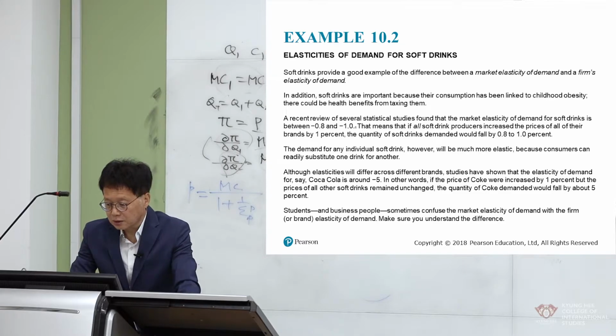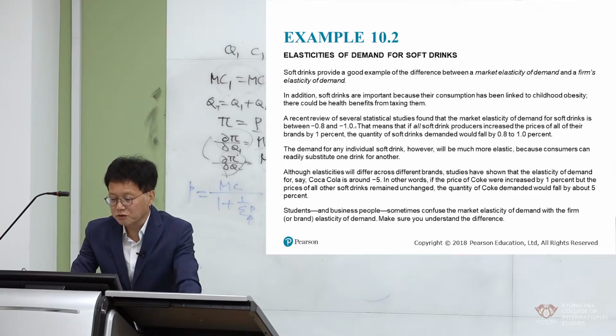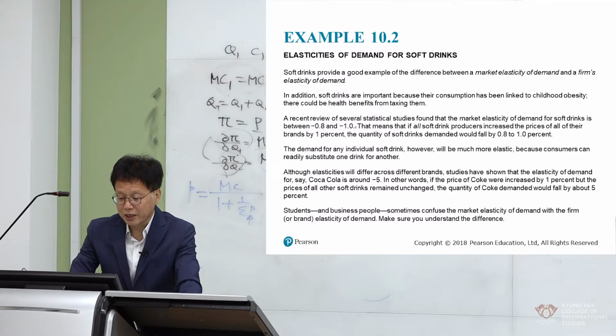That means that if all soft drink producers, all firms, increase the price of their brands by 1%, then the quantity of soft drink demanded decreases by 0.8 to 1.1%. Okay? That is the meaning of market price elasticity of demand at the market.